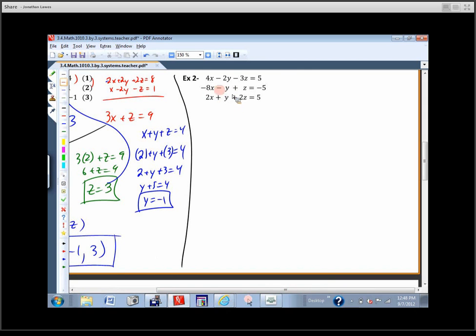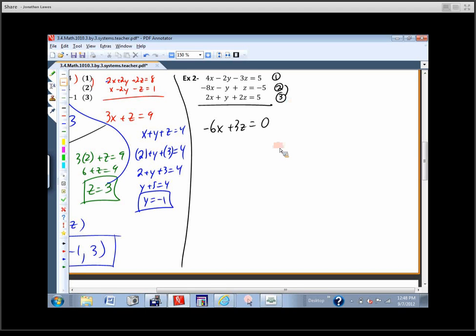Look at that. The y will go away right now. So let's take equation 2 and equation 3 and add those together. If I do that, I end up with negative 6x, nice and neat, plus 3z equals 0.